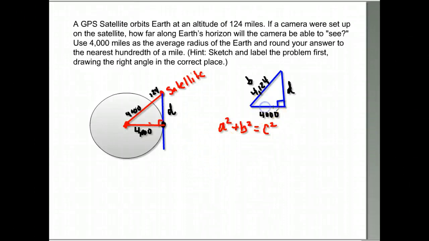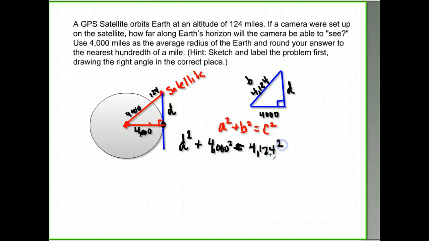So our a squared, this first leg, we don't know. That's our distance we're trying to find. So we have our distance squared plus the other leg squared. The other leg was 4,000, equals our hypotenuse squared. That's always the longest side. It's always the side across from that right angle.